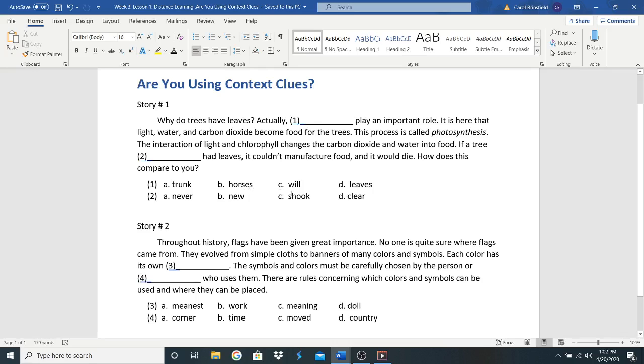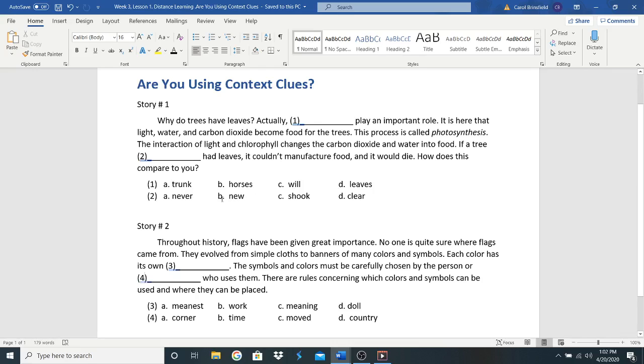Why do trees have leaves? Actually, wheel play an important role. Does that make sense? No, it doesn't. So let's go on to D, leaves. Why do trees have leaves? Actually, leaves play an important role. Well, that makes perfect sense. So the answer would be D, leaves. Is that the one you chose? Well, good job if you did.